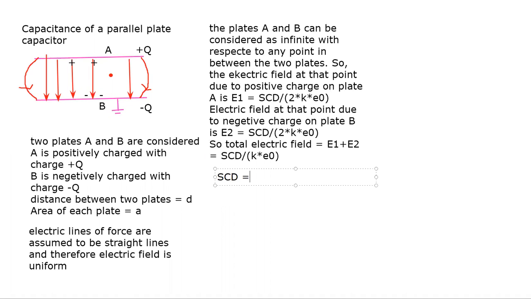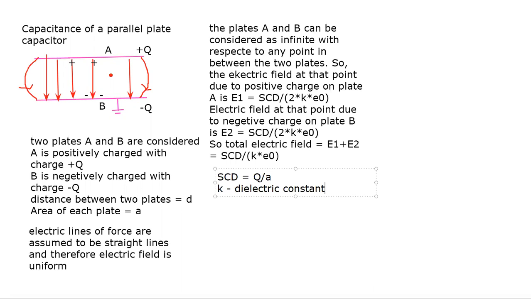SCD is surface charge density, and it is equal to charge divided by area. Okay, and K is the dielectric constant, and epsilon 0 is the permittivity of vacuum.